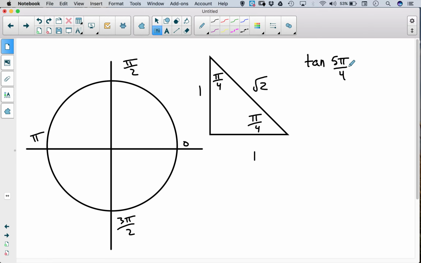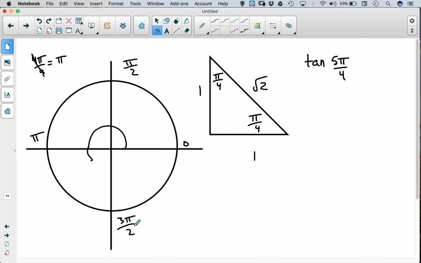But I do know where 4 pi over 4 is. 4 pi over 4 is the same thing as saying just regular old pi, because the 4s will cancel. So we know that we at least make our angle all the way to the 180-degree line, or the pi line that exists right here. If we go a little bit extra, we're going to go an extra pi over 4 into this quadrant here.